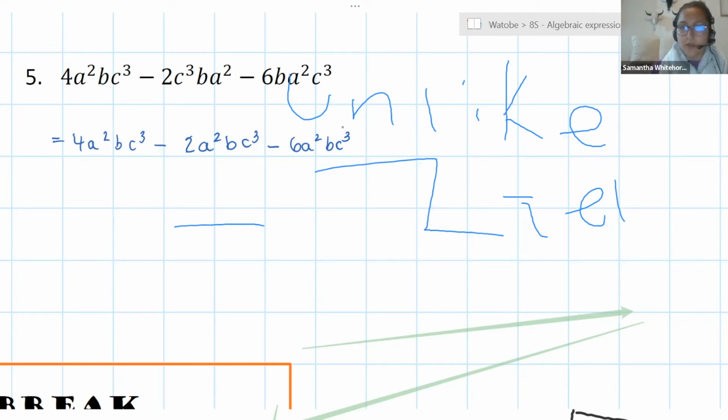So I see that we've got some answers. I'll give you a second or two to see if you can come up with an answer when we add and subtract all of those terms. So we've got 4a squared bc cubed minus 2a squared bc cubed minus 6a squared bc cubed.